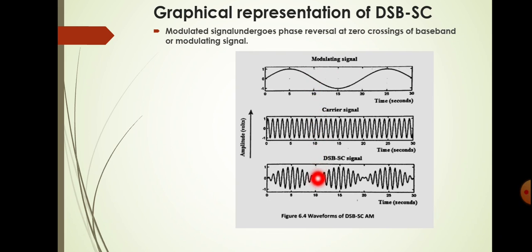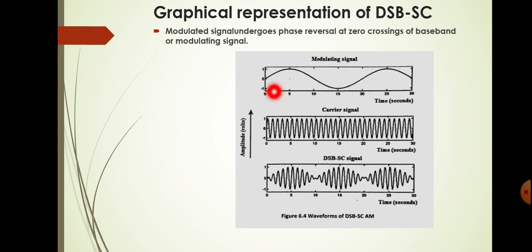At that moment there is a phase reversal in the DSB-SC signal. Similarly, next time the modulating signal crosses the zero crossing, that is here, there is a phase reversal in this DSB-SC signal. So in the case of DSB-SC signal, there is a phase reversal of the signal when the modulating signal crosses the zero crossing point.